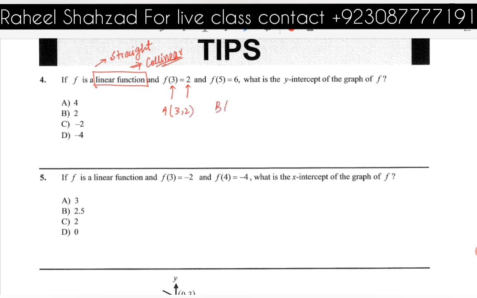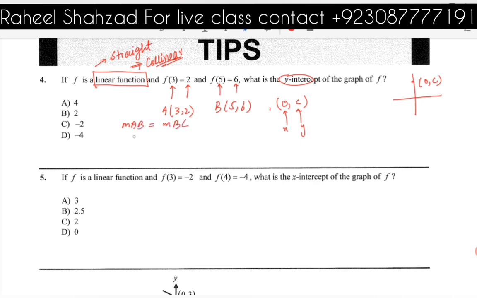Let's suppose point B is (5, 6). Because you see, this is x, this is y, okay? Y-intercept. Now, the y-intercept is always a point where any line cuts the y-axis. So it's (0, c), let's suppose. Because the x coordinate is always 0 and the y coordinate we see. So if this is a linear function and these points are lying on one straight line, then the gradient of AB is equal to the gradient of BC.